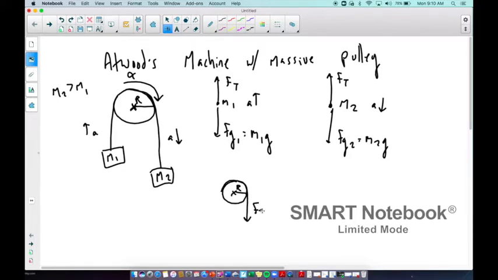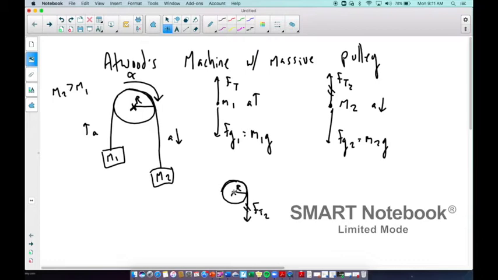And so I can label that FT2. It's the same tension force that mass 2 experiences here. Think of Newton's third law. If the mass pulls down on the rope, the rope pulls up on the mass with the same tension. So these two forces are the same.